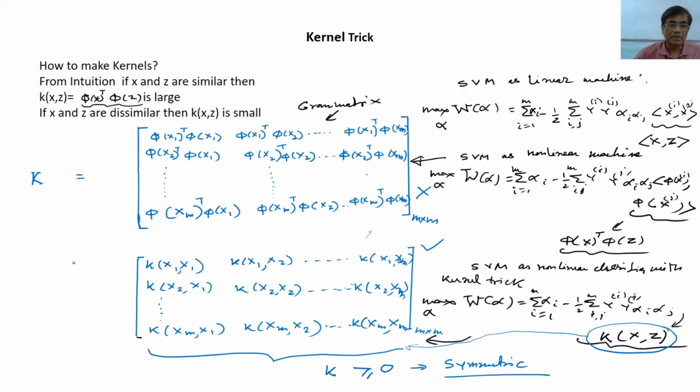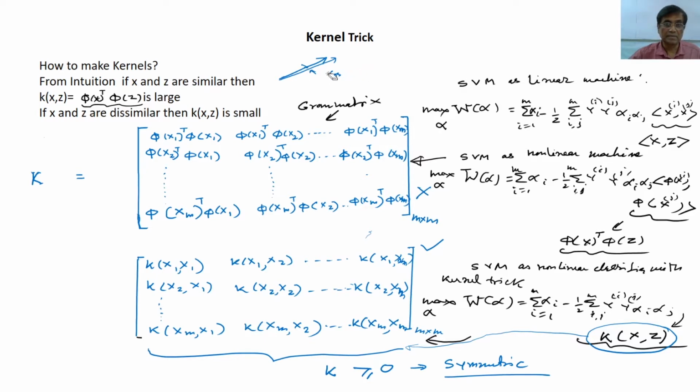Intuitively, you see you have two class samples x and z. If the vectors x and z are similar, then the kernel k(x,z) will be large, because similar means the dot product between them, the cos theta angle, will be close to 0, making that large.